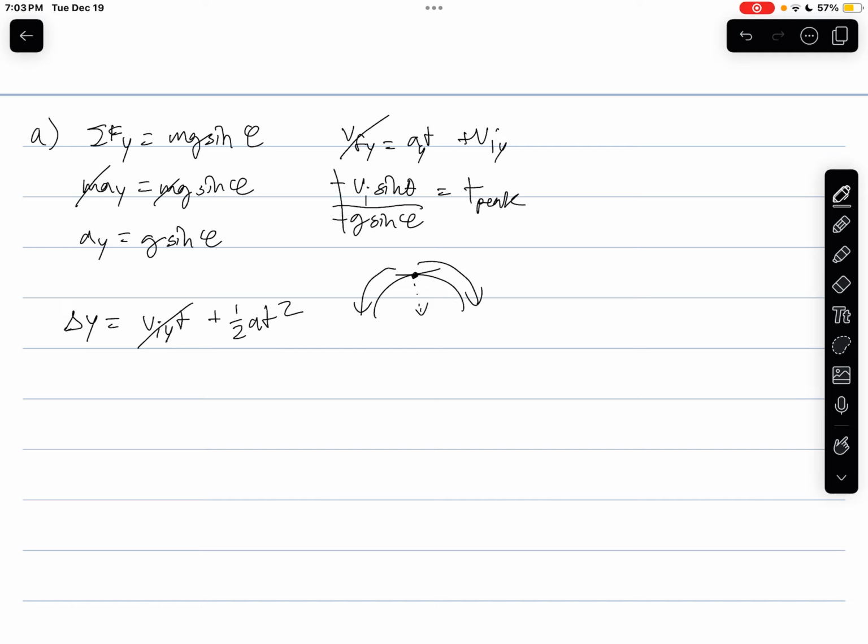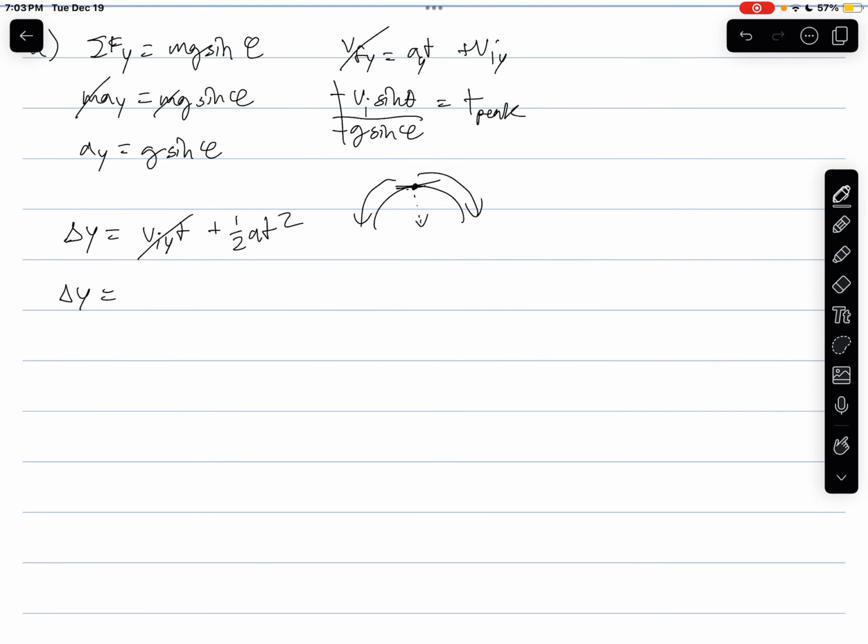Or you can also look at it backward. Either way, just as long as you start at this peak, it's easier to find the h max because v_iy is 0. So then delta y equals 1/2 and then plug in a_y. I keep forgetting the a_y.